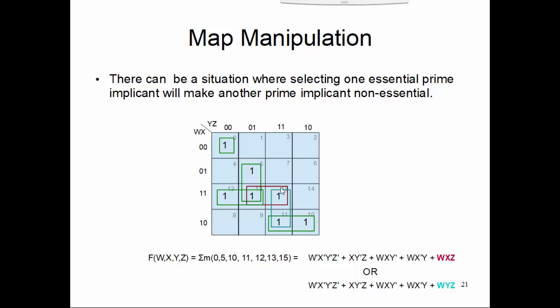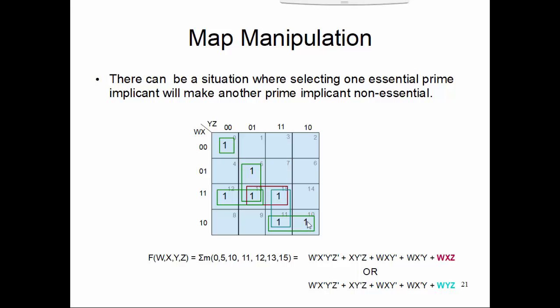So we have potentially two candidates, 13, 15 and 15, 11, and by choice, we are making one of these groups an essential prime implicant. This means we are making the other group a non-essential prime implicant. Both are prime implicants. In fact, all these groups we made so far, all the green groups and this red and blue groups, are prime implicants. And all the green groups are essential prime implicants because there is no ambiguity as such.